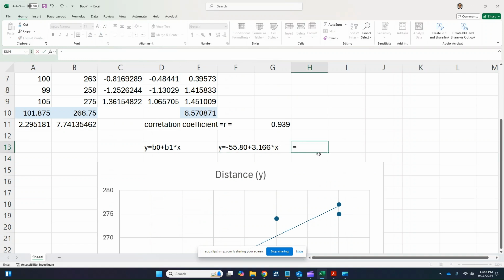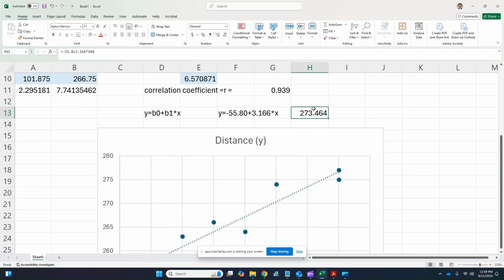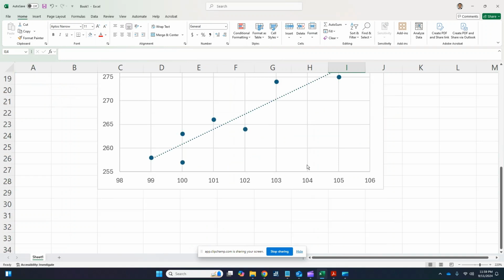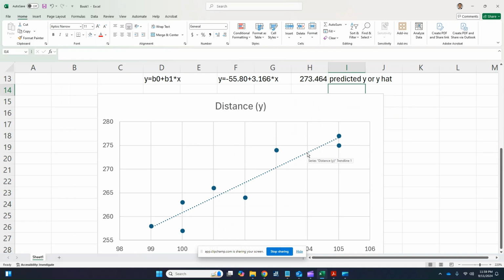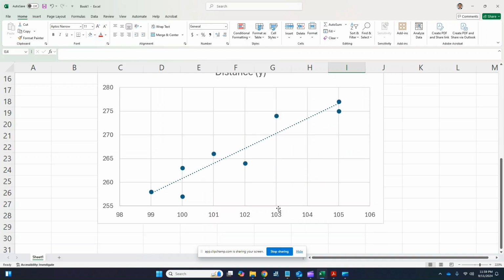So negative 55.80 plus 3.166 times 104. So this predicted y or y hat is 273.46, and that is the value of this point here, 273.46.